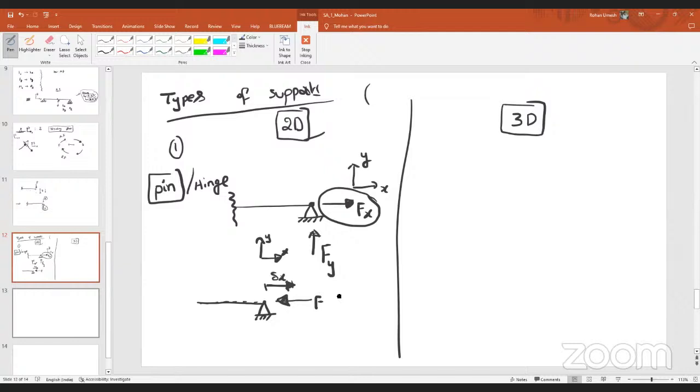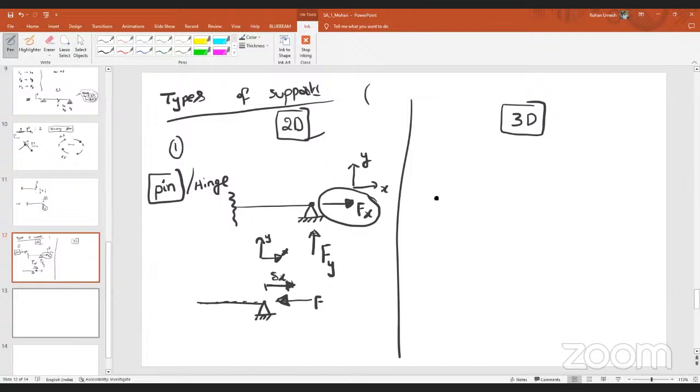That's why the direction of the force will always be opposite to the direction of the movement. If rotation is happening in the clockwise direction, what will be the resisting moment? The resisting moment will be in the anti-clockwise direction, right?